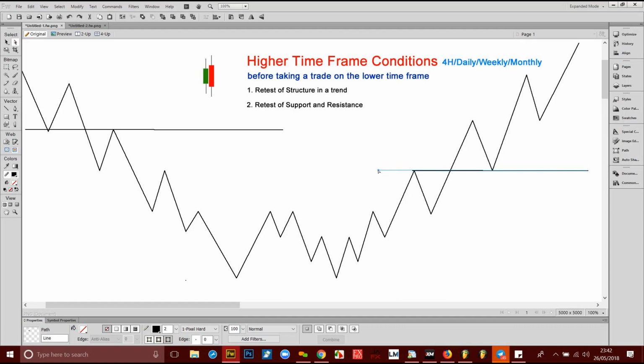So it came in and tested that structure. Normally you see me do something like this, remember?